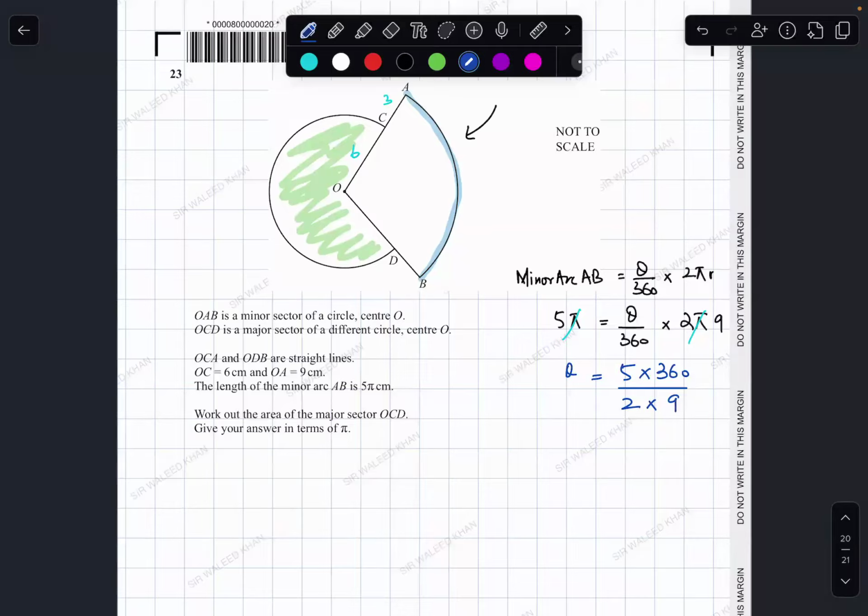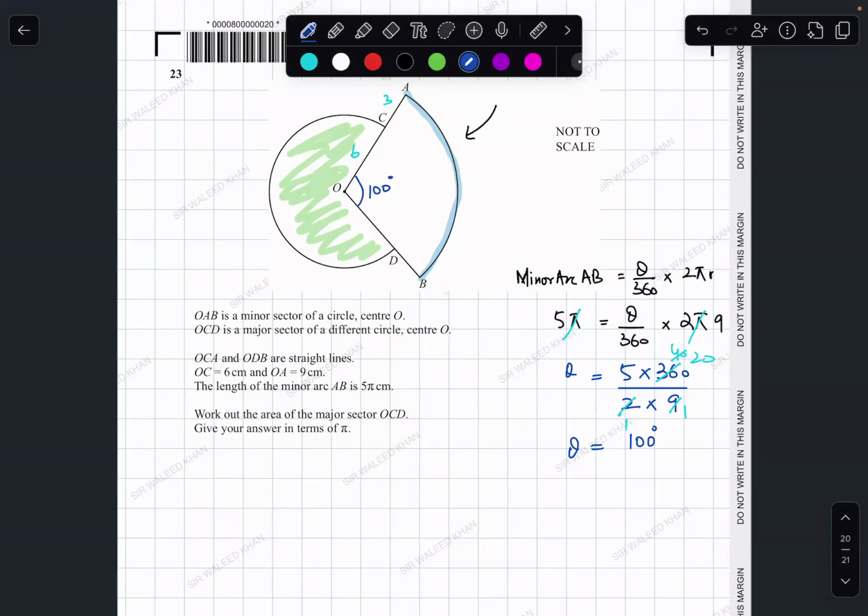Now I can cancel out this with 40. Then 2 times 20. So we have theta as 100. Do not start multiplying the numbers. First rearrange them so that you save some time. So I have calculated this angle as 100.